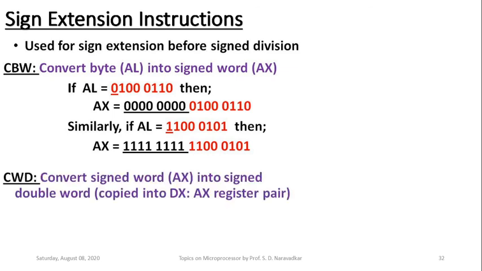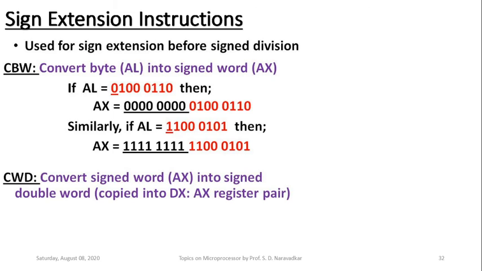Next, CWD, convert word to double word. Convert a signed word of the AX register into a signed double word, which is to be copied to the DX AX register pair. It works in exactly a similar manner to that shown above.